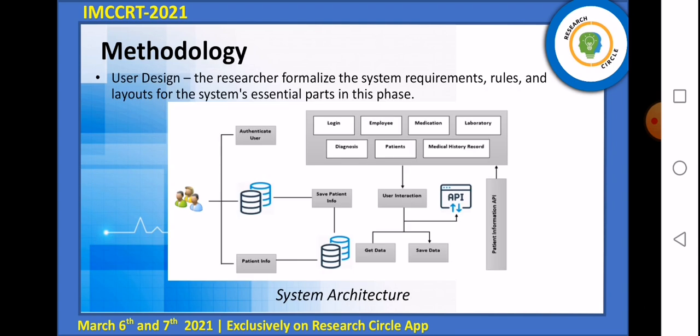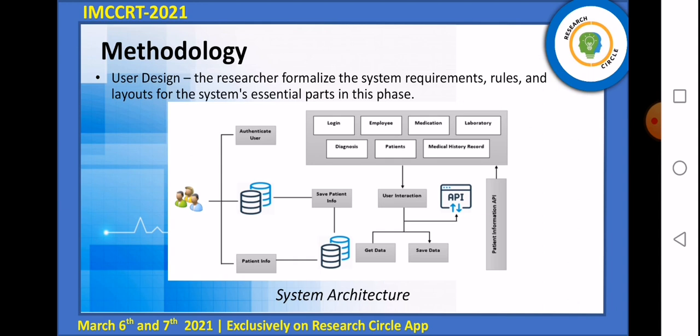For the user design, the researcher formalized the system requirements and layouts for the system's essential parts in this phase. Also, it transformed and translated the requirements into a model or diagram to describe and understand the system. Moreover, the flow of data and activities is represented and designed.